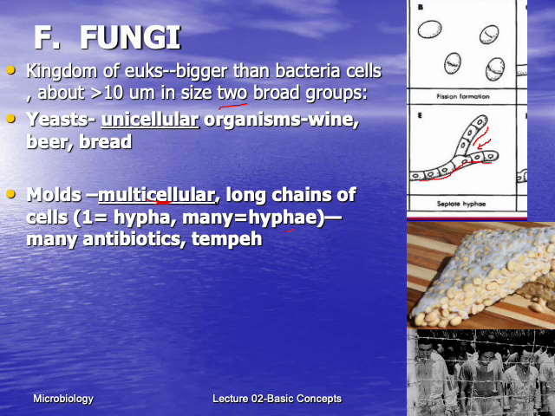Molds are known for being organisms that make a lot of antibiotics. They're also used to make the culinary delight known as tempeh. I'm going to talk quite a bit about tempeh, not so much because I like to eat it, even though I think it's pretty tasty, but because it illustrates a lot of important concepts about fungi. You could order it at a vegetarian restaurant, usually.